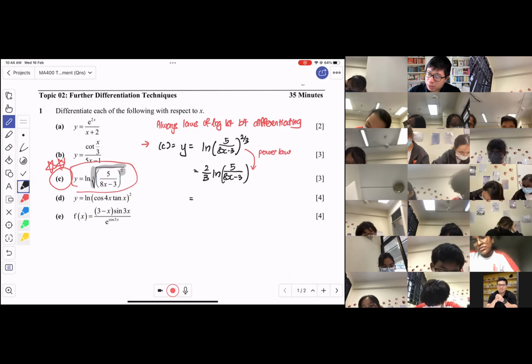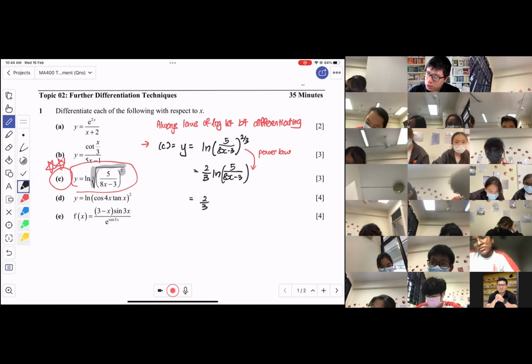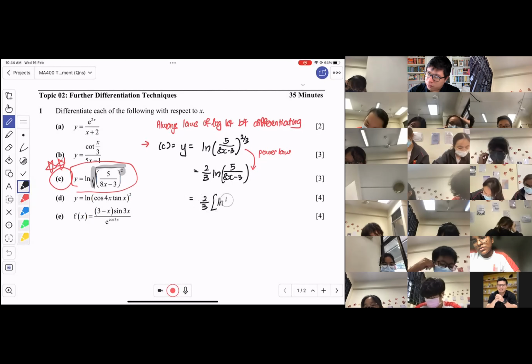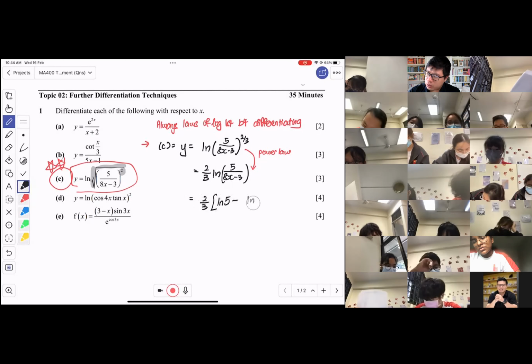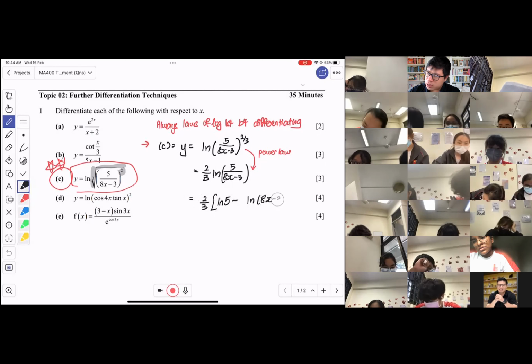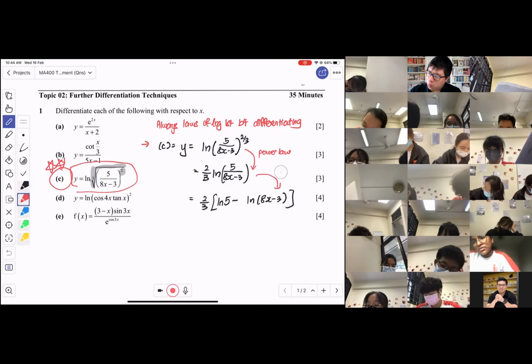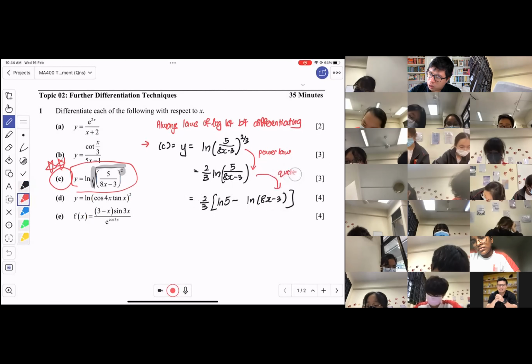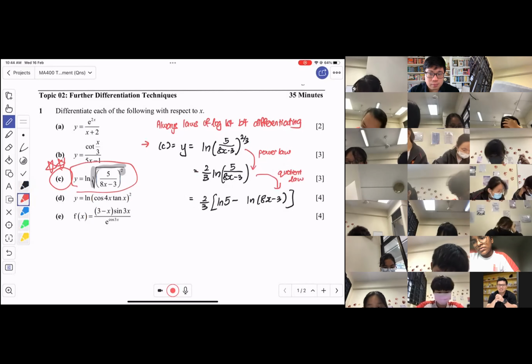Then I bring it down using the quotient law. This is the same as ln 5 minus ln of 8x minus 3. So from here to here, what I use is the quotient law of logarithm.